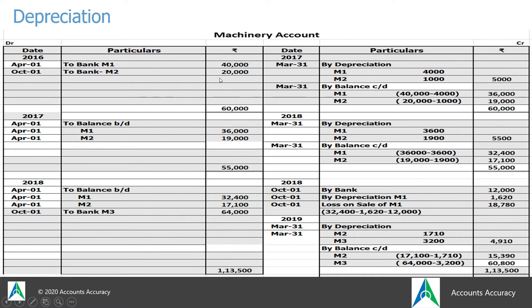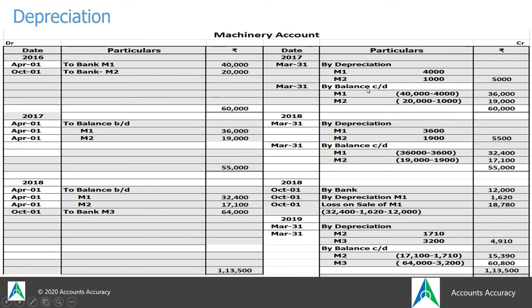But the second machine, as you know, got purchased on 1st October, so it's been used only for 6 months. That's why depreciation would be provided only for 6 months. That means 20,000 into 6 by 12 into 10 by 100, that would come to 1,000. So this 1,000 plus 4,000 makes 5,000, which would be written in the final column.